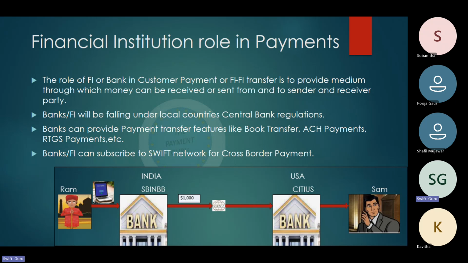I mean, the ordering customer who makes a payment and the beneficiary customer who receives the payment are both in the same bank. That kind of transfer is called a book transfer in the banking world. Similarly, ACH payments and RTGS payments exist. And if the bank has a subscription to the SWIFT network, then they can facilitate cross-border payments as well. It is altogether based on the onboarding and subscription which they take to the respective payment scheme.